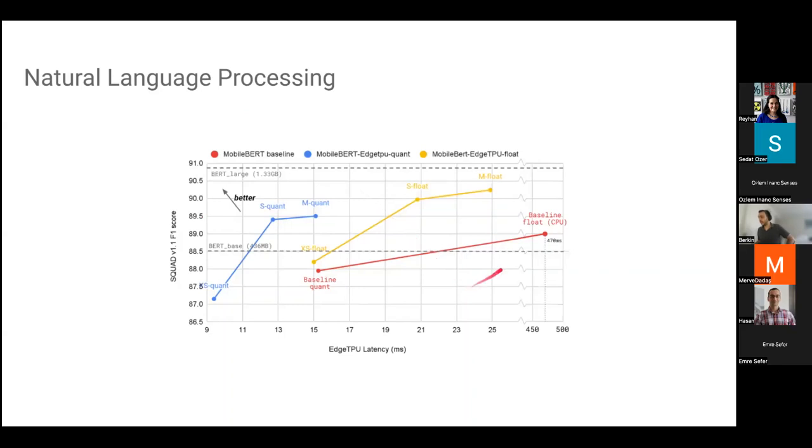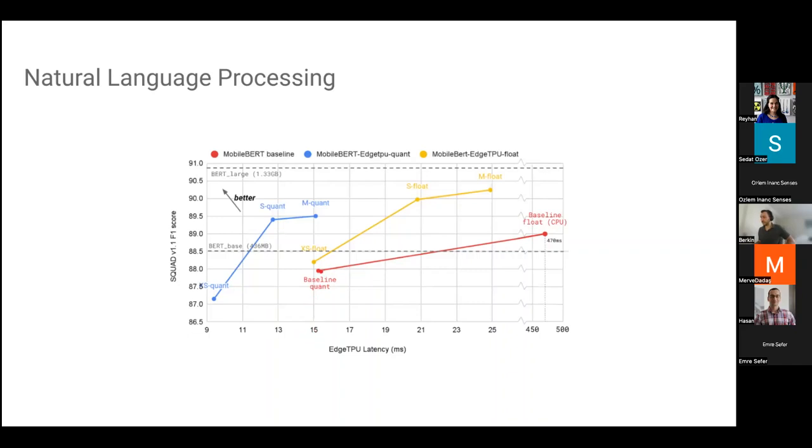And on this one as well, the red one is the baseline. Actually, this is also another good demonstration of hardware acceleration. So this is running on CPU. You get 470 milliseconds. By just taking it and running it on TPU, you lower it down to 15 milliseconds, almost real time, right? Depending on your frame rates or your throughput requirements.